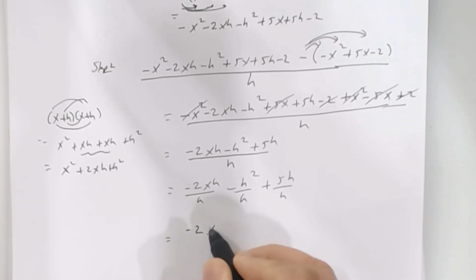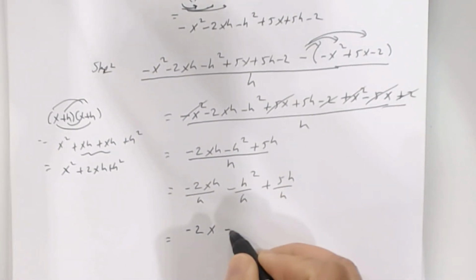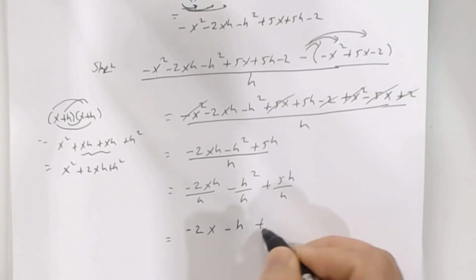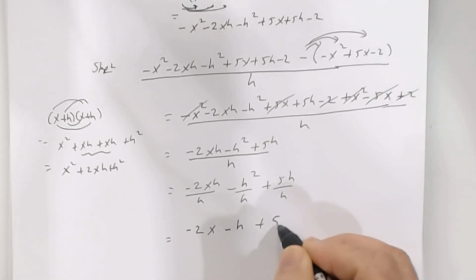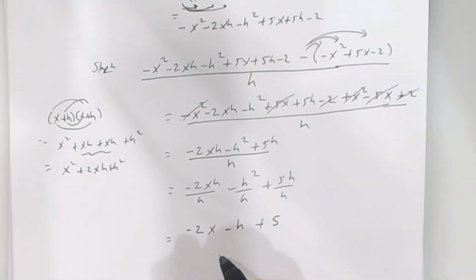So this becomes negative 2x. This becomes minus h. And this term becomes 5. So that is your difference quotient for that function. So f of x plus h minus f of x divided by h for that function is what?